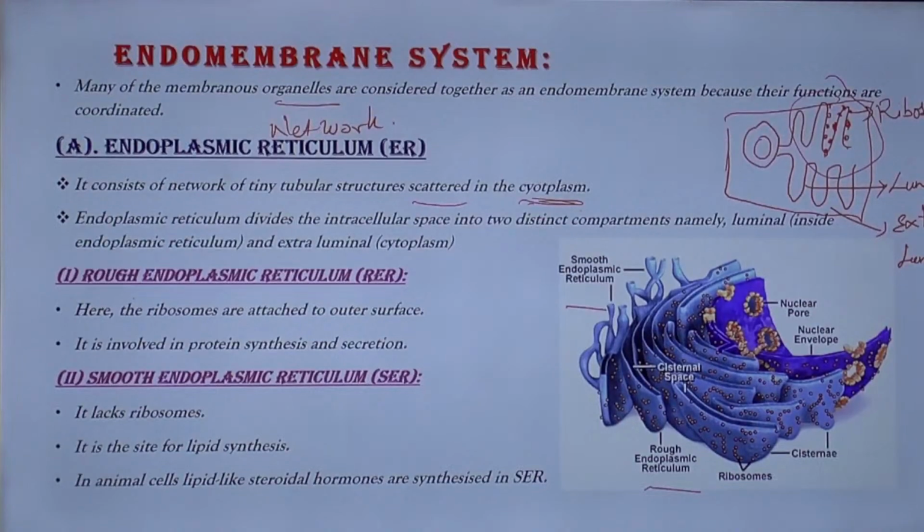The ribosomes are attached to the rough endoplasmic reticulum, so we are able to see them. The ribosomes are attached to the outer surface, as we have drawn in this picture. So the endoplasmic reticulum with ribosomes is the rough endoplasmic reticulum.